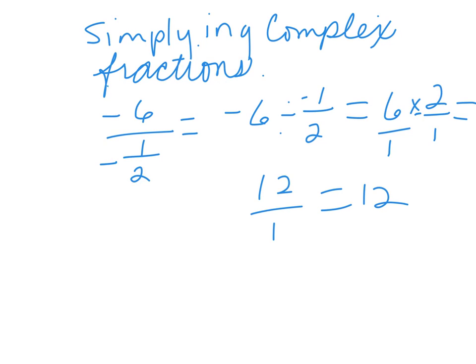It's not going to make any difference, but I wanted to go back in and put, using the red marks, the negatives that I left out. So we had negative 6 divided by negative 1/2. We take the reciprocal of that. We have negative 6 times negative 2 over 1. I just added this part to keep it going. We end up with 12 over 1, which is 12. Because we had 2 negatives, that is a positive 12.